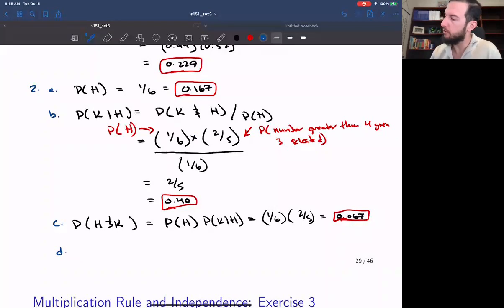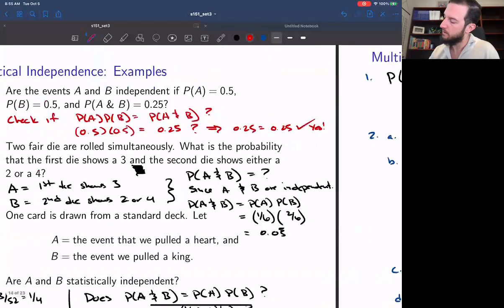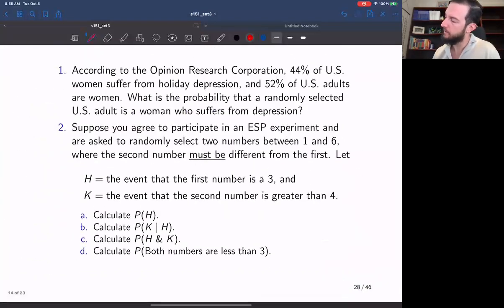So you can see in the numerator here, I have the probability of K and H. And then what I'm doing is I'm taking the probability of H and multiplying by the probability of K. K is the event the second number is greater than 4. So K is strictly the event the second number is greater than 4, which means that something had to have happened first.